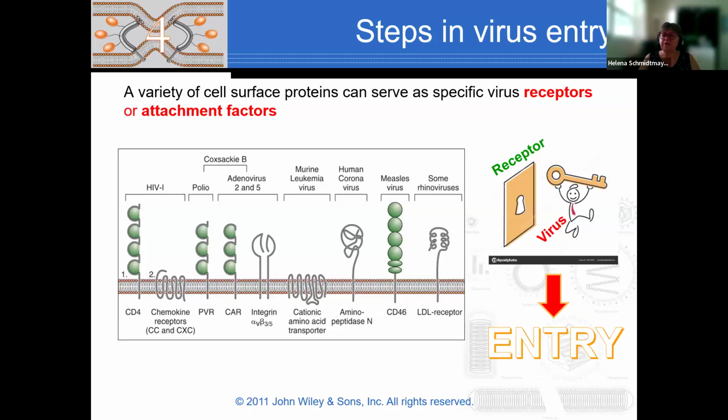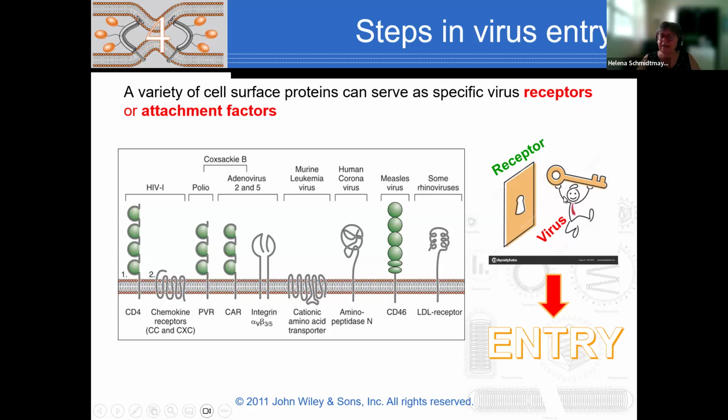And what kind of cellular proteins can serve as a receptor? I repeat again what we discussed before, that the receptor is the lock which needs to be opened by the key. And that key is a protein or glycoprotein on the surface of the virus.